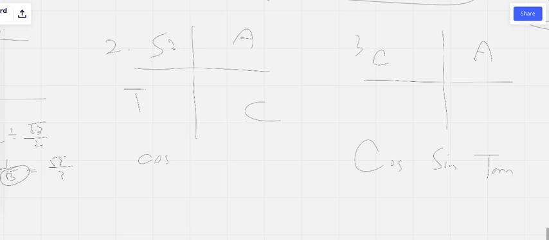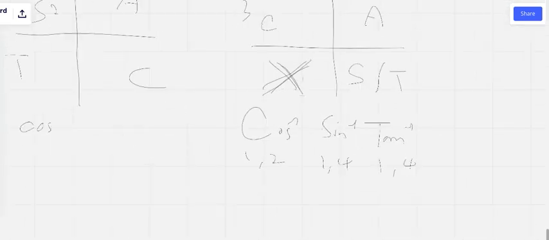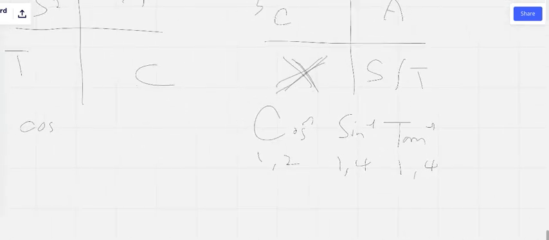And with uppercase, there's nothing in the third quadrant. And the sine or tangent exists in 4. So cosine is 1 and 2. Sine is 1 over 4. Tangent is also 1 over 4. And the cosine we have it easier to remember, which is the S. The S looks like a 2, so quadrant 1 and 2.